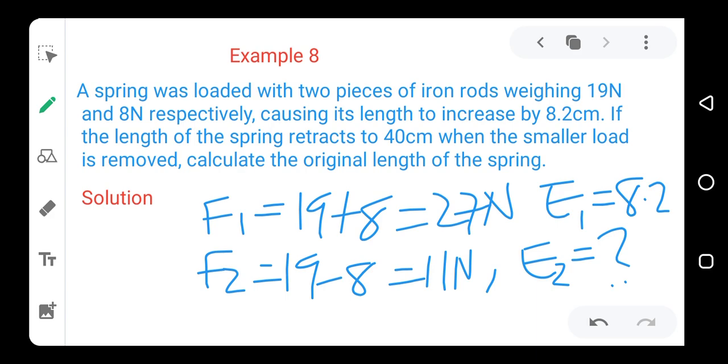That is going to be E2. The length now is 40 cm, so E2 is equal to the extended length, 40 cm, minus the original length. Let's take L as the original length of the material. When we subtract L from 40, it is going to give us the extension produced.